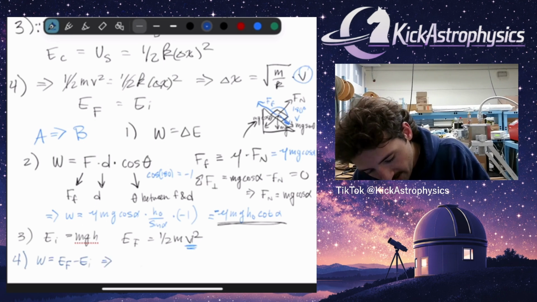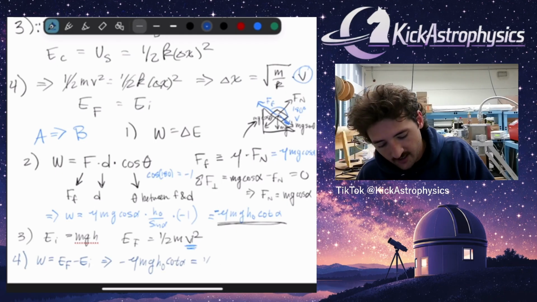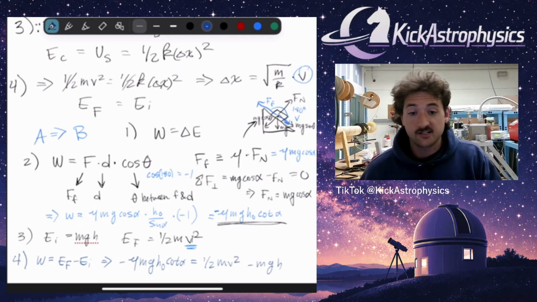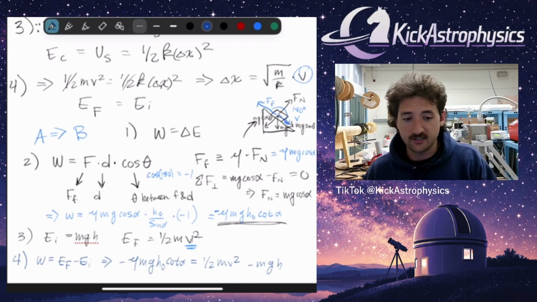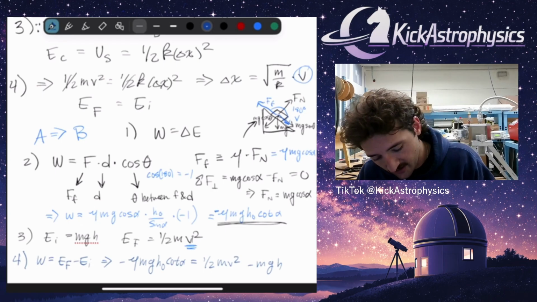So therefore, we have minus mu mg h naught cotangent alpha will be equal to 1/2 mv squared minus mgh. It also makes sense that work is negative because friction would be taking out mechanical energy from the system and converting it into heat. So good thing that we see a negative sign here.